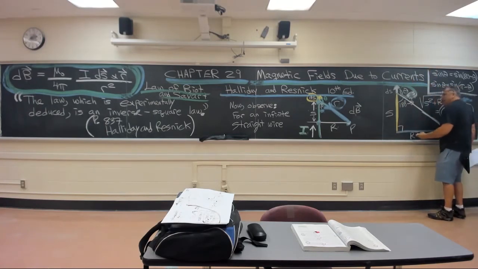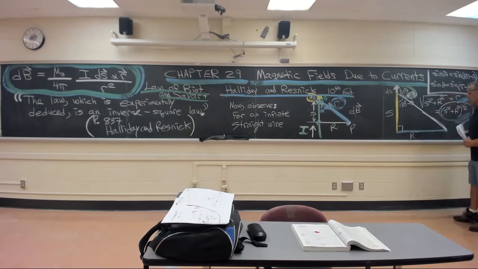Because of the symmetry of what's going on here, and the fact that the sine of theta is equal to the sine of the quantity 180 degrees minus theta, or in radians, the sine of theta equals the sine of the quantity pi minus theta.